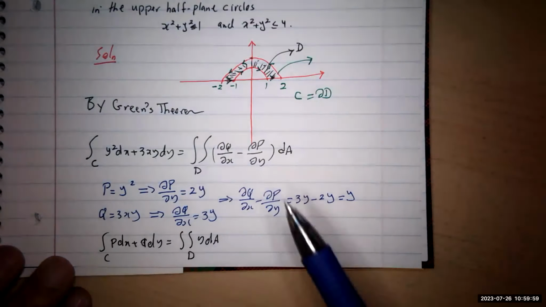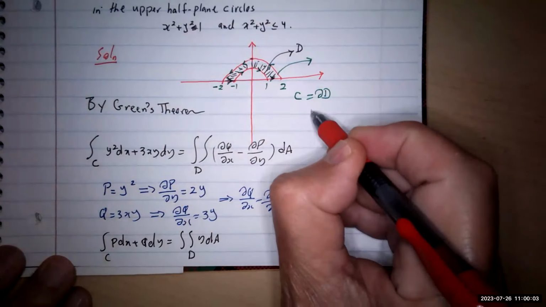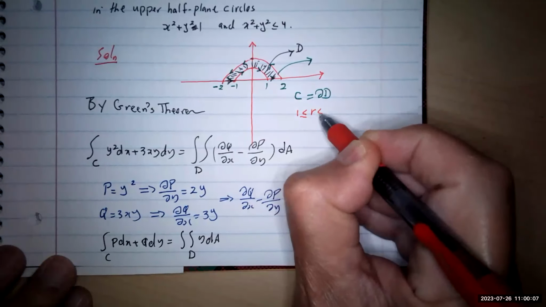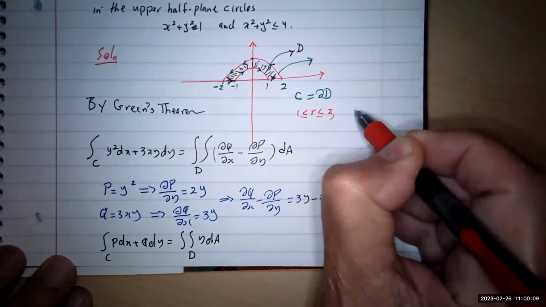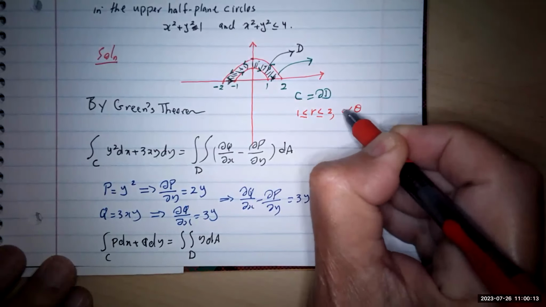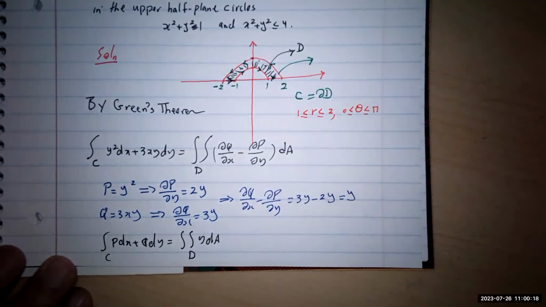So your r is going to be between 1 and 2, and your θ is going to be only half a circle, a semicircle, between 0 and π.